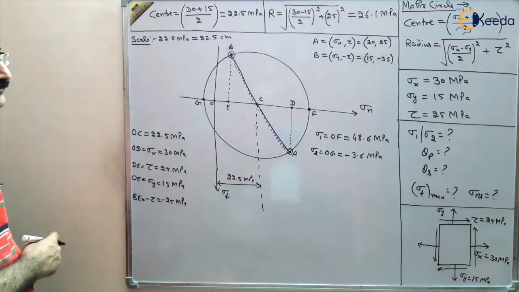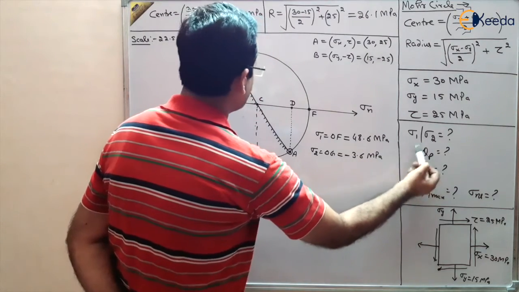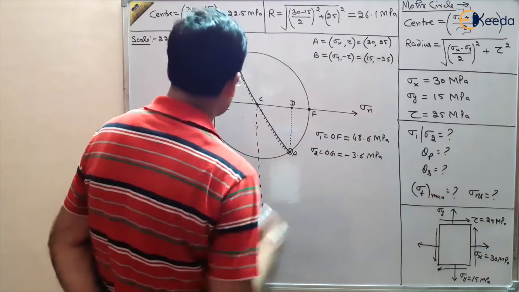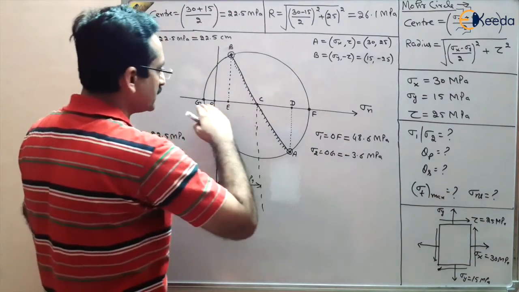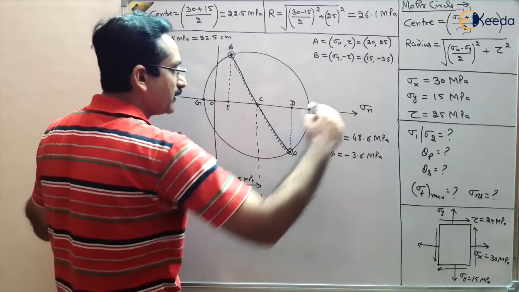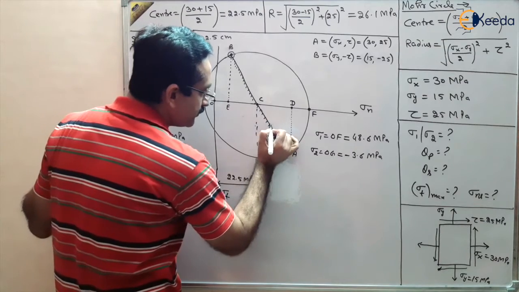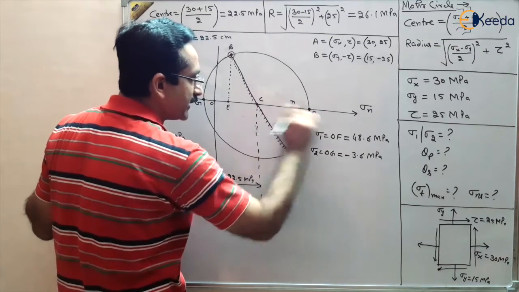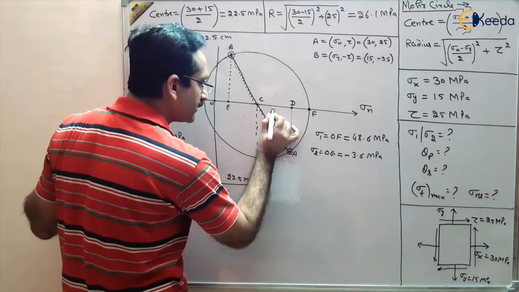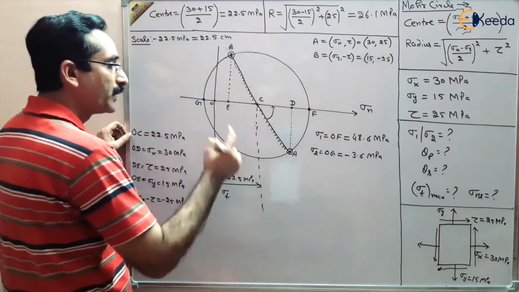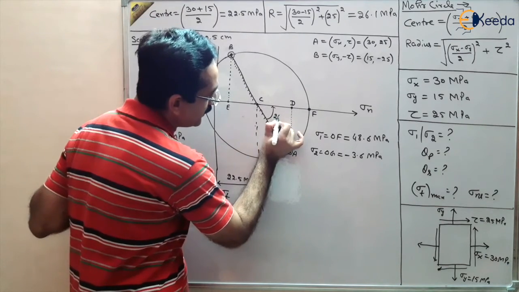Now theta P, the plane of maximum and minimum principal stresses, right? This is one plane, and this is our reference line. So move from this line till you get this plane OF line. This will be our theta P, but in Mohr circle the angles are double, so you will get 2 theta P here.